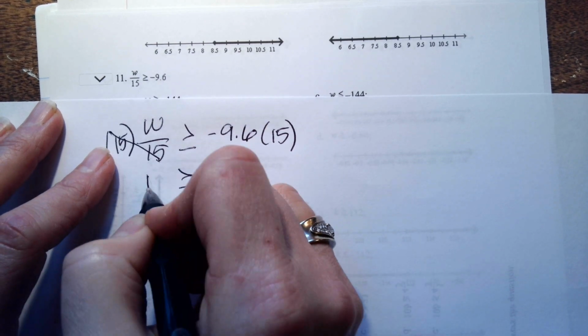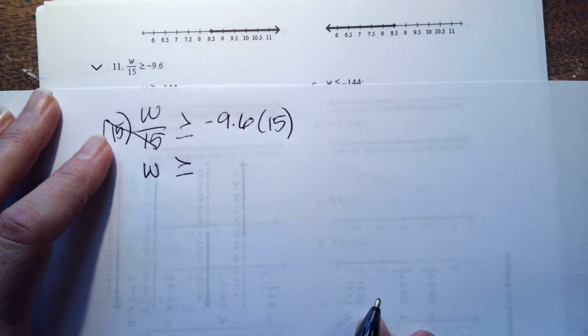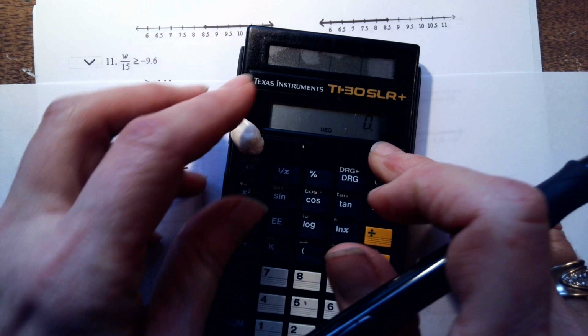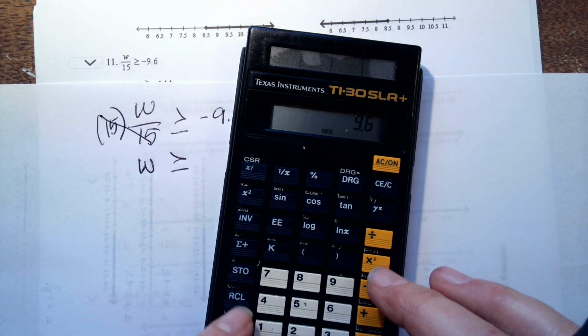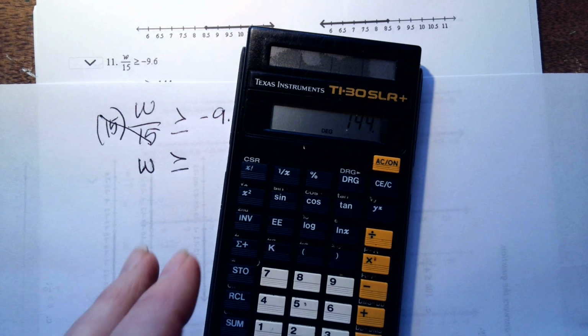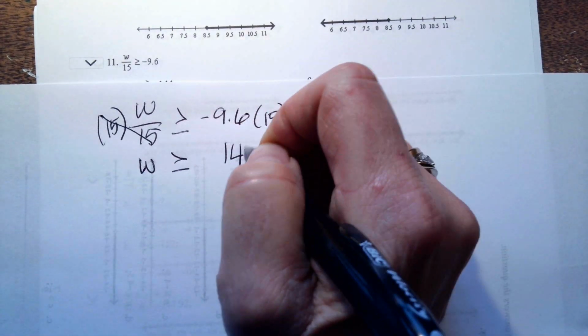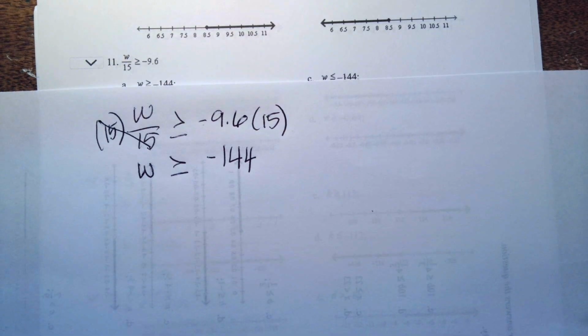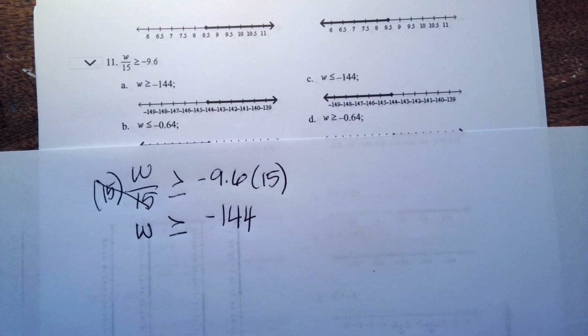This cancels each other out. What is left on this side is W. And then I do 9.6 times 15 is 144. And I know that it's negative because I have a negative and a positive. When I'm multiplying a negative and a positive, my answer is negative.